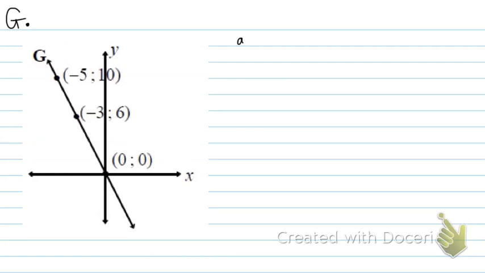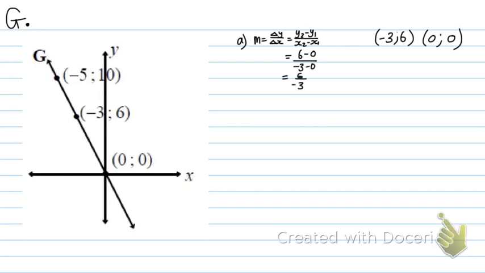Alright, and the last one, line G. First I need to determine the gradient. m is delta y over delta x, and that is y2 minus y1 over x2 minus x1. And then I use the points (-3, 6) and (0, 0). You could have used any other points. So then I substituted in 6 minus 0 over -3 minus 0 is 6 over -3, which is -2.